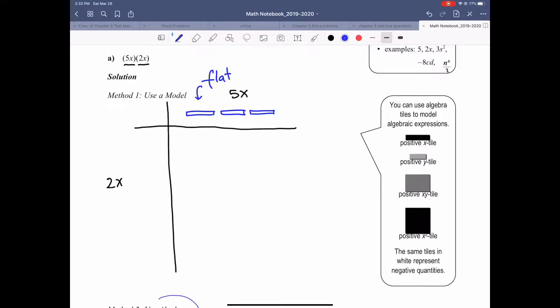So 1, 2, 3, 4, 5. And you will notice that I'm making a mistake here. Hopefully you can realize that. Some people will. I didn't fill it in solid. Because it's positive 5x, this is a tedious process here. And 2x, same idea.